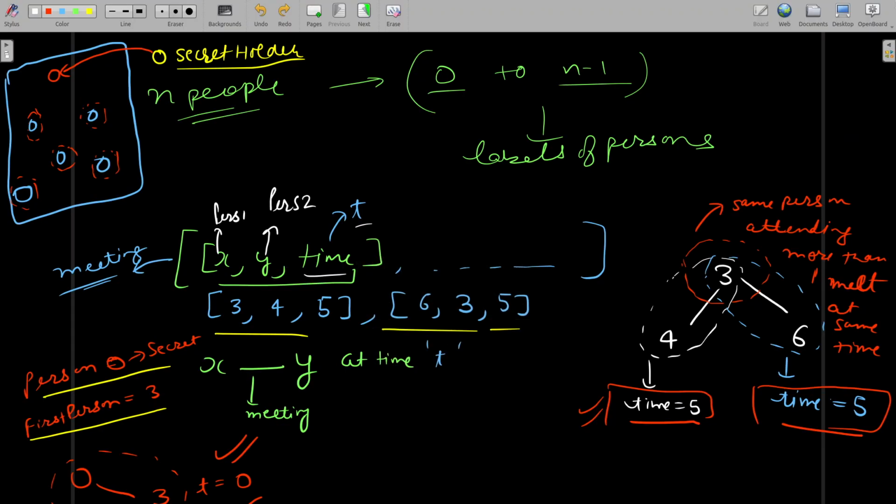Okay, so there will be two things in this disjoint set union that will be of help to us. Firstly, we would know whether two nodes are connected or not.